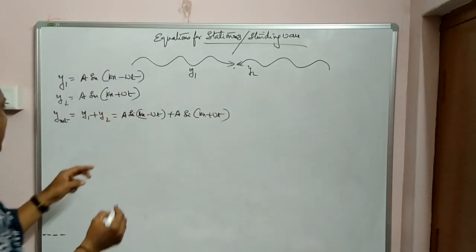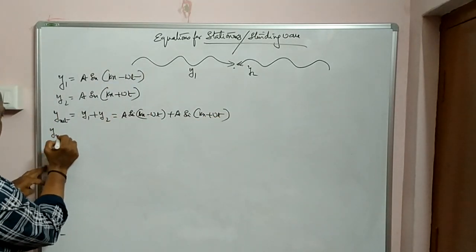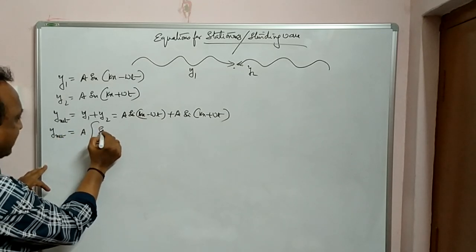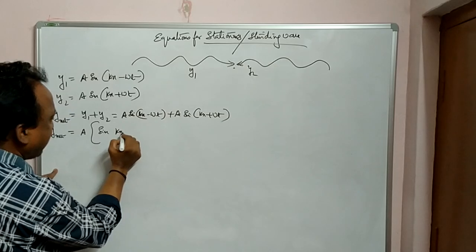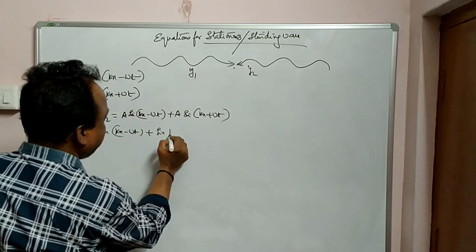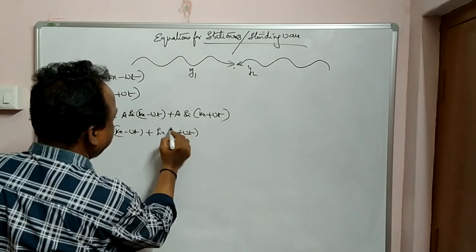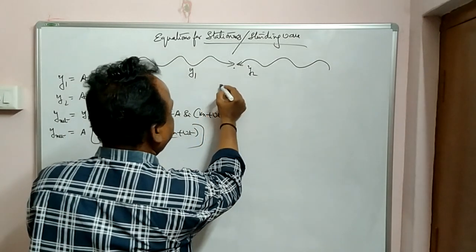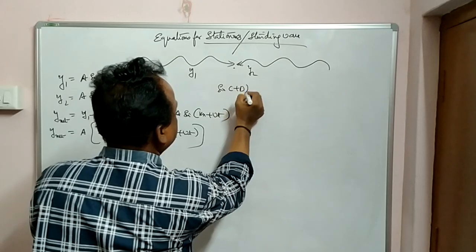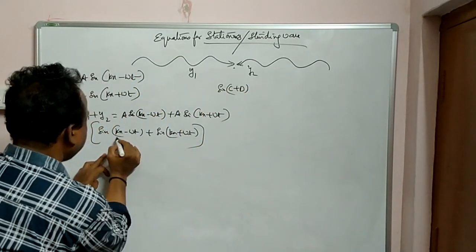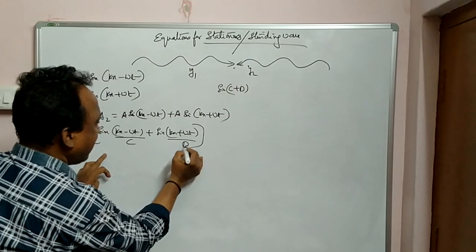So you can observe carefully this one, y resultant or y net. If I take A common, I can write in this fashion: A into sin kx minus omega t plus sin kx plus omega t. If you observe this in trigonometry, it is sin c plus sin d.